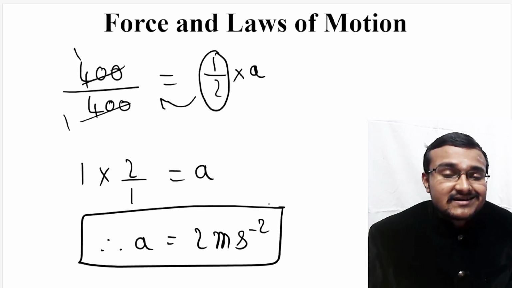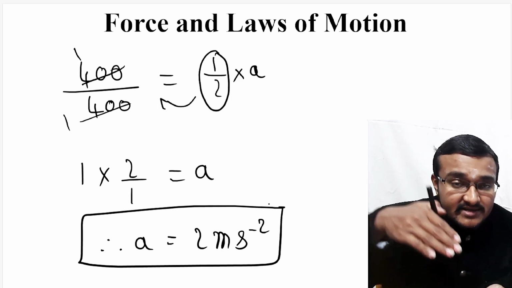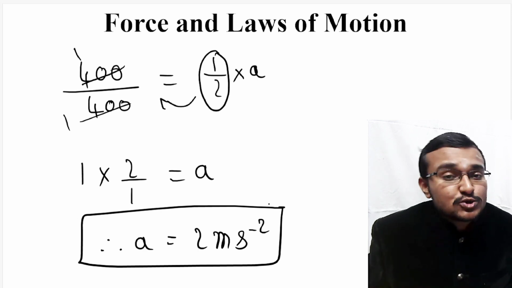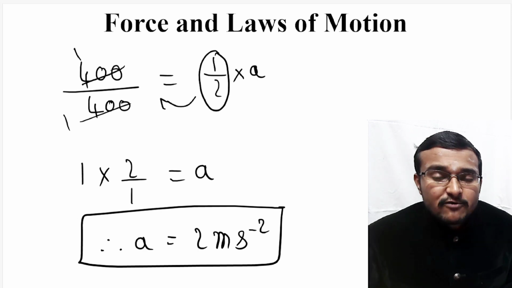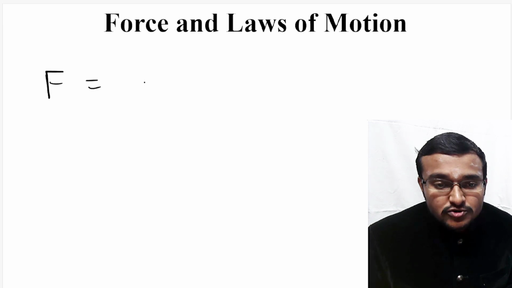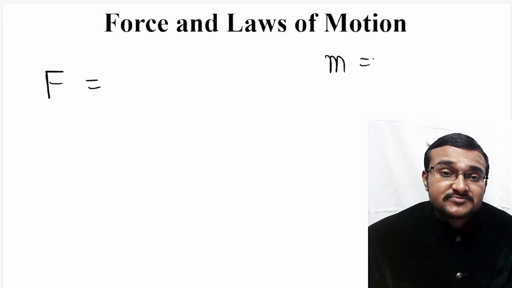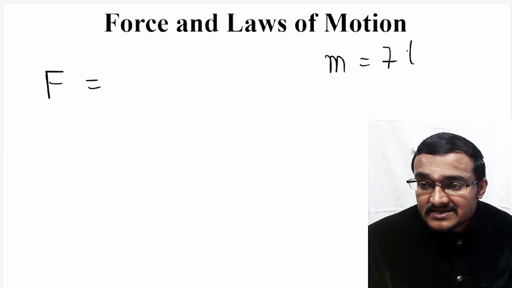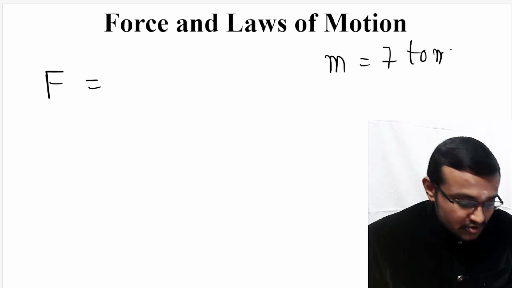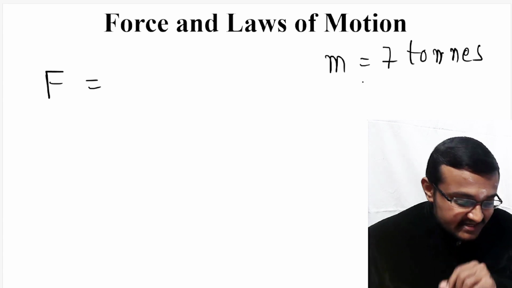So at acceleration 2 meter per second square, that particular truck is rolling down. Now based on this data, you should find the force of this truck. The mass of this truck is 7 tons. Here they have given 1 ton is equal to 1000 kg.